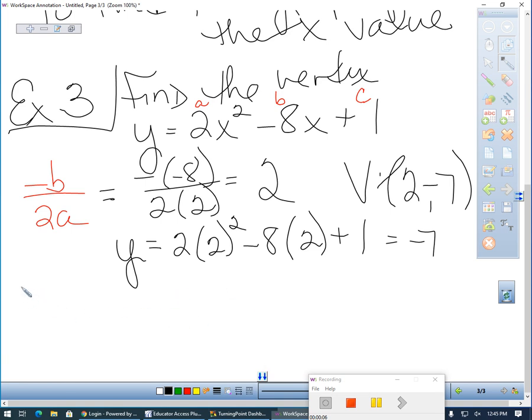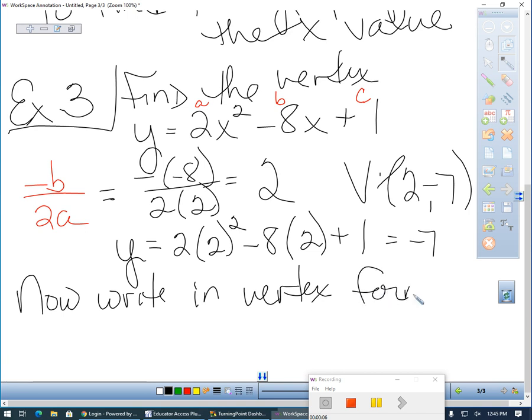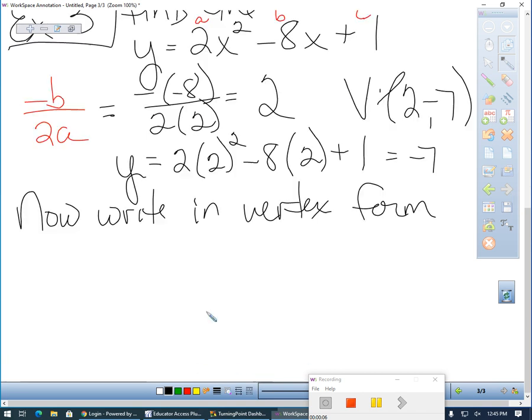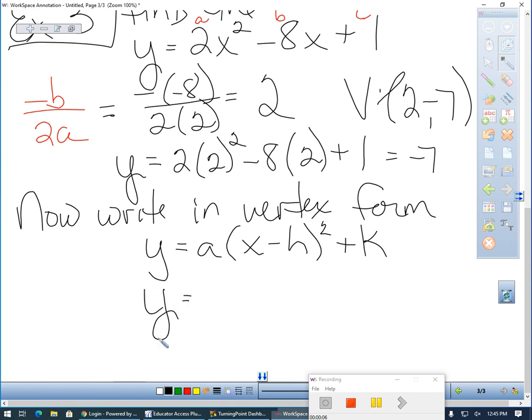So let's say now, in vertex form. All right, so I want to remind you very quickly. Vertex form is y equals a times x minus h squared plus k. Y equals, what is our a value? 2, very good.